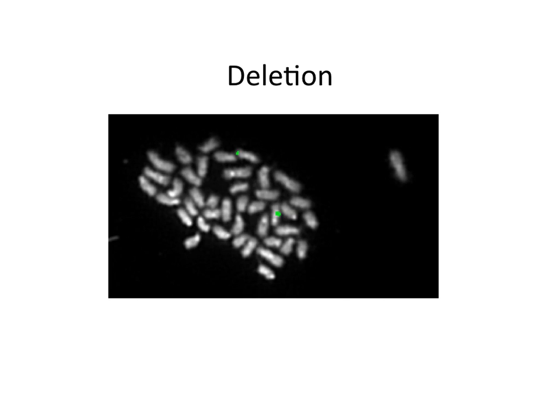Here's what a deletion might look like. So far, this looks like a pretty typical metaphase chromosome spread. The chromosomes are shown in white, and there's one FISH probe that has hybridized to 2 spots in the genome. And that's standard for a diploid organism, which this is, like humans. There's 2 copies of every chromosome. So we expect to see 2 chromosomes exhibiting signals for a unique FISH probe like this one.